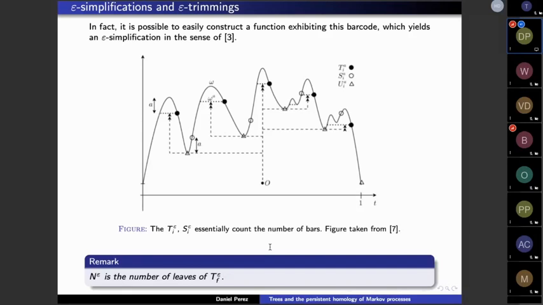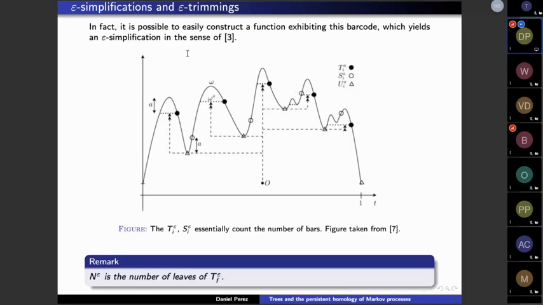And so in particular, once we have done this construction, then in fact, it turns out that this n epsilon, which we were trying to study from the start, is nothing other but the number of leaves of the tree that got a haircut, tf epsilon. Okay, and in fact, this also corresponds to the concept of an epsilon simplification presented in some of the TDA literature.